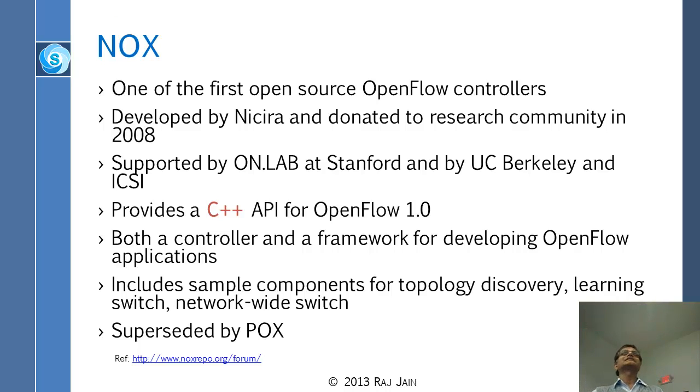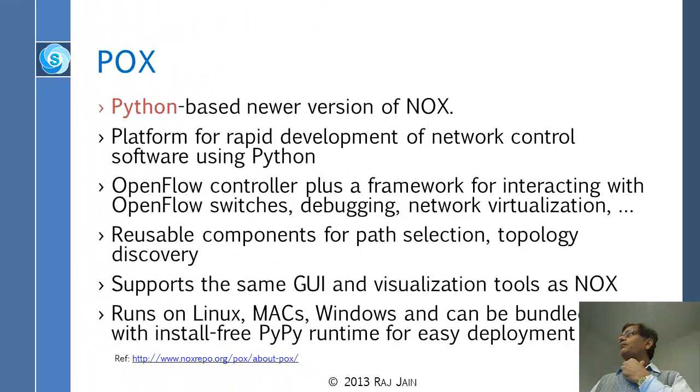Now, Knox is basically now gone. While this is the most common one and the first one, the same guys who were working on Knox are working on POX. POX is basically a Python-based newer version of Knox, and it does almost the same thing. It is a platform for rapid development of network control software. It's a framework for switches, debugging, virtualization, etc. And it has path selection, topology discovery, things very similar to the previous one.